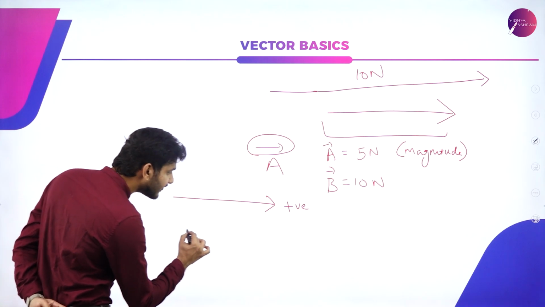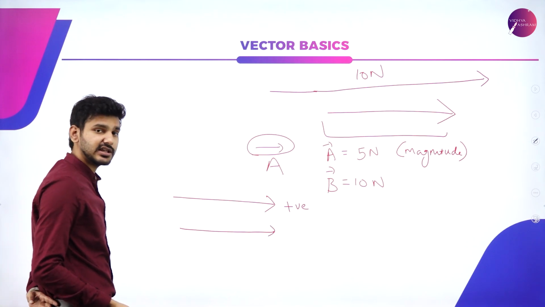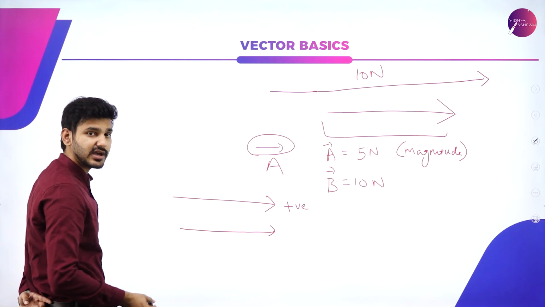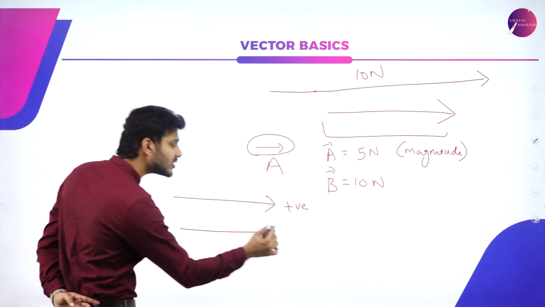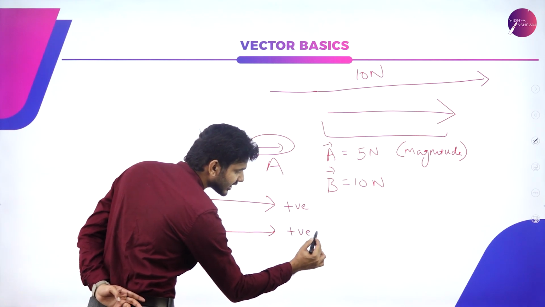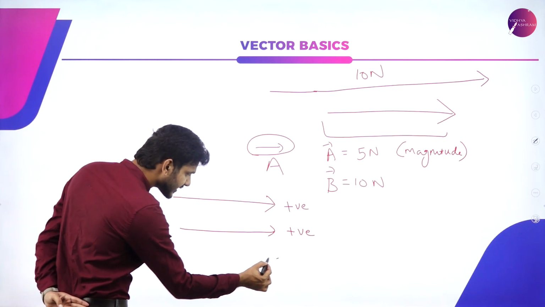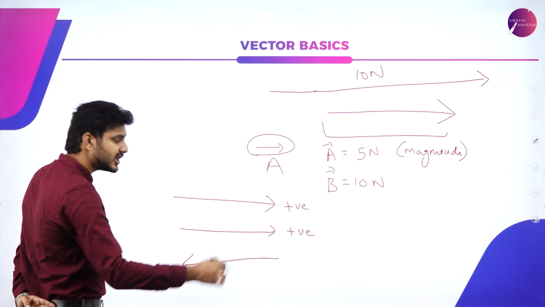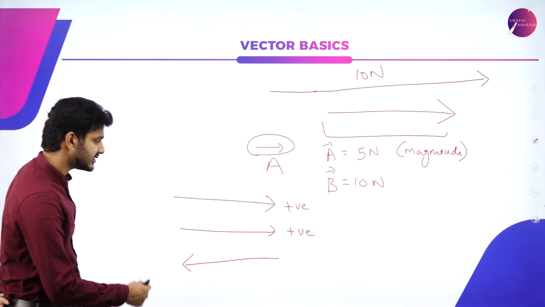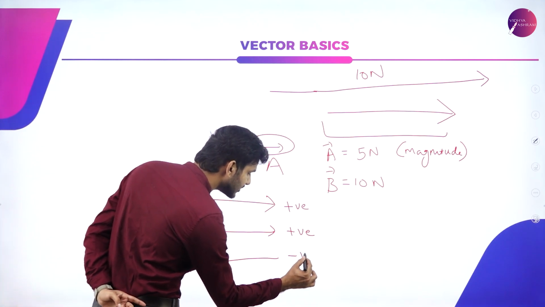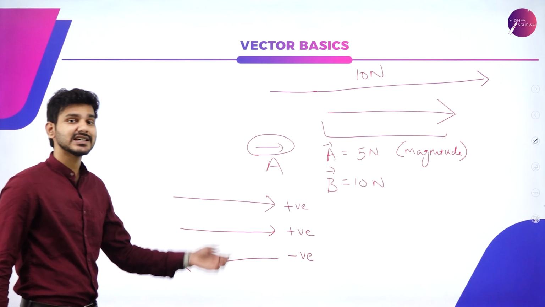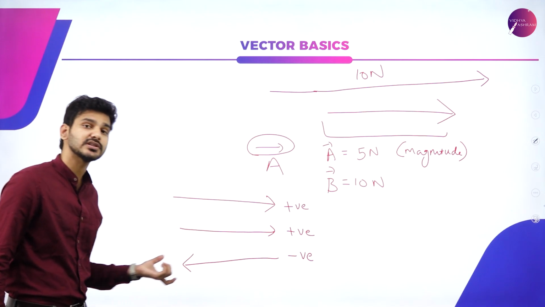If I draw one more vector in this direction, I can say that these vectors can be added together with a positive sign because they are in the same direction. So these are both positive vectors. But if a vector is going in the opposite direction, then I have to subtract this vector because it is traveling in the opposite direction.